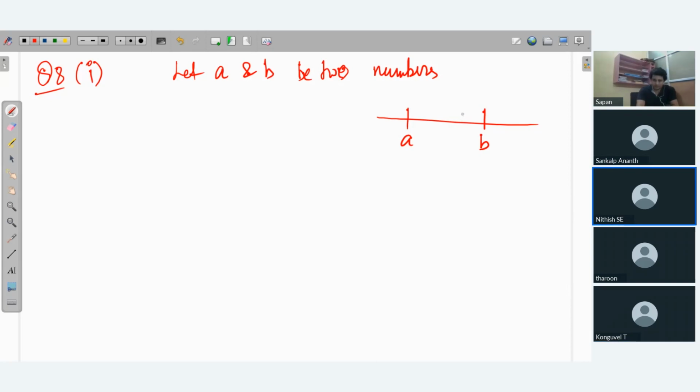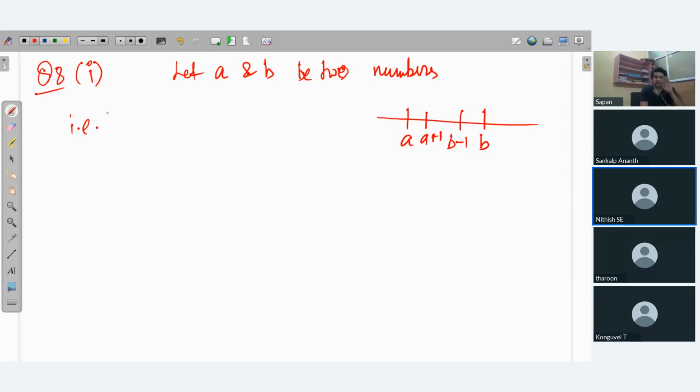And the successor of the smaller number A is A plus 1. It says the predecessor exceeds the successor by 6. That means A plus 1 minus (B minus 1) equals 6.